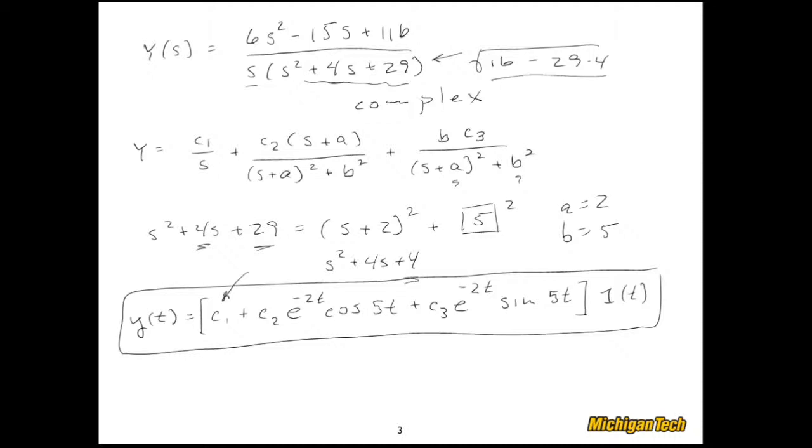So let's go after those one at a time. c1 is going to be my original y multiplied by s, because c1 is associated with the root at s equals 0, and then I let s equal 0.